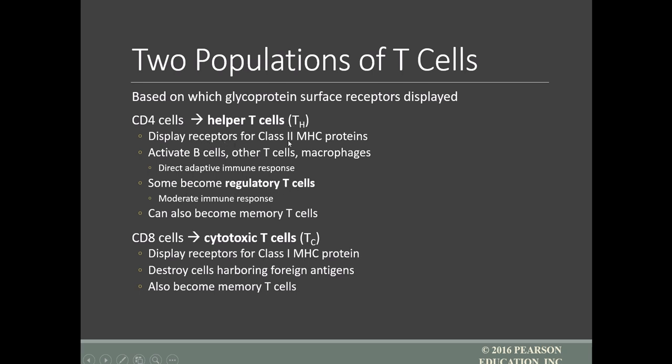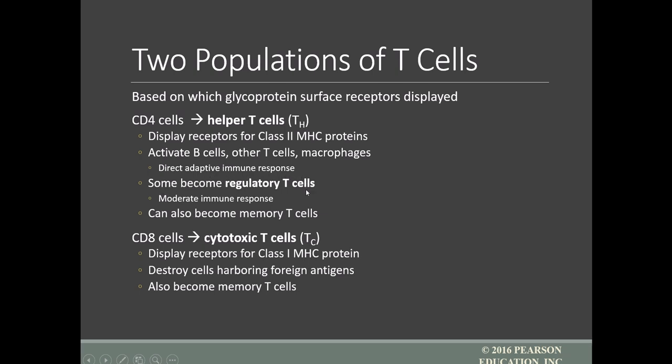They have receptors for the class 2 MHC proteins, and the helper T cells will go and activate other B cells, other T cells. They'll go activate innate macrophages, and so they'll direct both the adaptive immune response and, when they activate macrophages, the innate immune response.